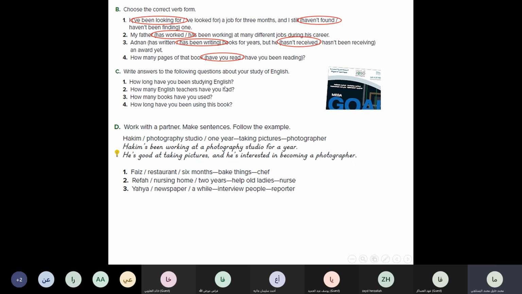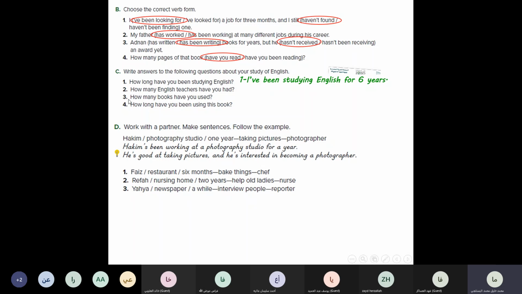Who can read the first question? Yes, Abdullah. How long have you been studying English? You know, here we have different answers. I have been studying English for 6 years, 10 years. That's up to you. I have been studying English for 6 years, 7 years. That's up to you.